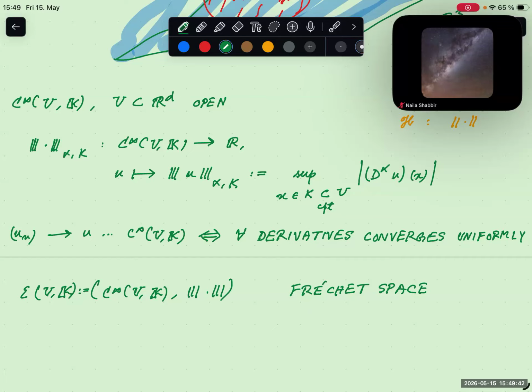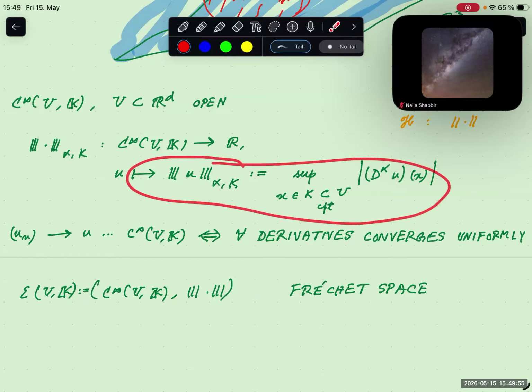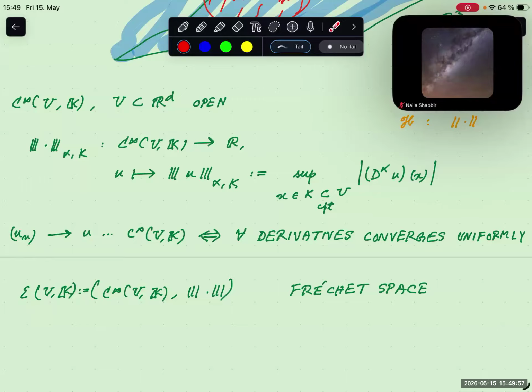Again, I'm not going to define all these things because it will kill too much time, and this is also not necessary. Just know that when you have this space, then you have a notion of convergence that is given by these seminorms. And once you have this structure, then this is something called Frechet space.